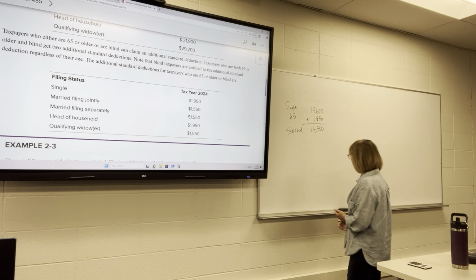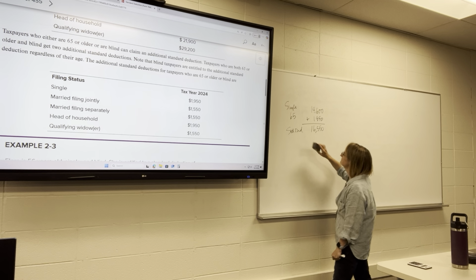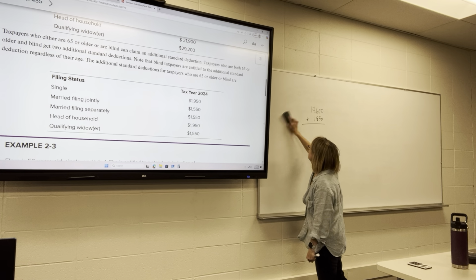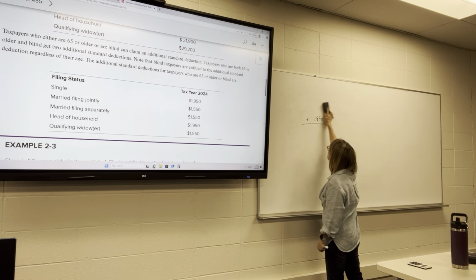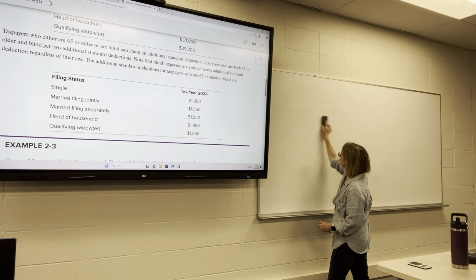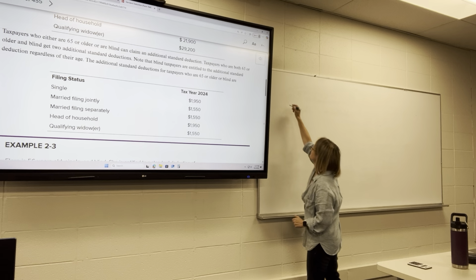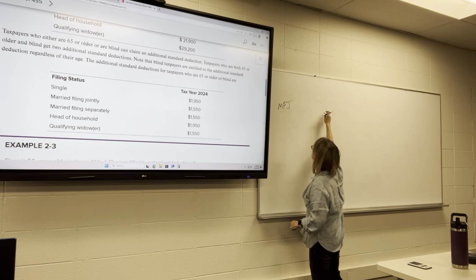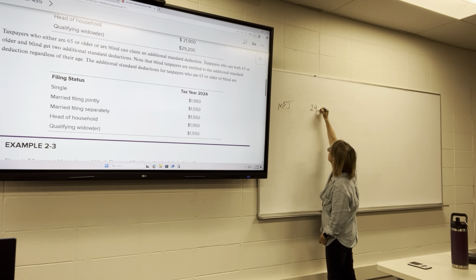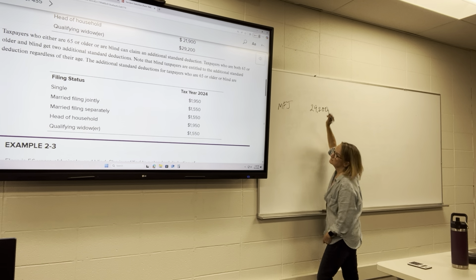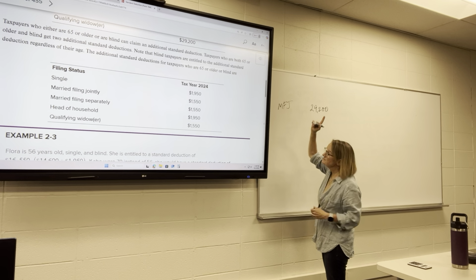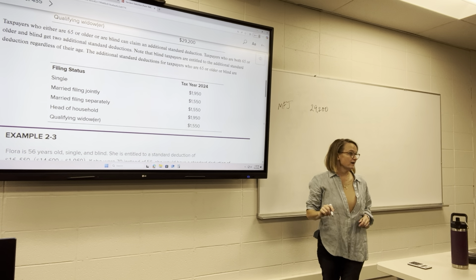Now, what if we're married filing jointly? Might as well erase all of it. So let's say we're married filing jointly. So our standard deduction is $29,200. Got that right? Yeah, $29,200. One spouse is 65.